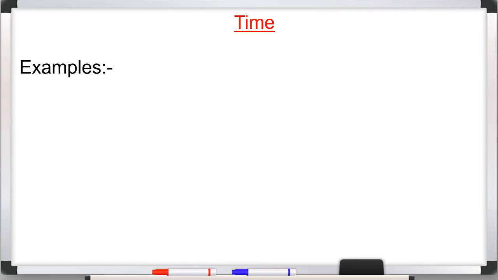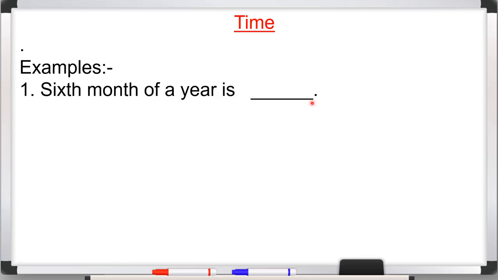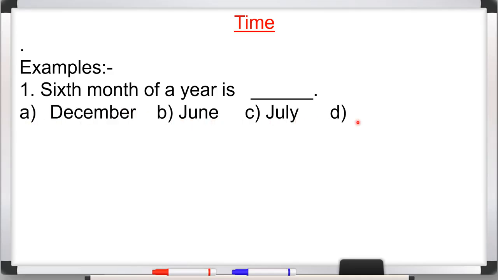Now we will learn its examples. In example number 1, it is given that sixth month of a year is dash. Here we have 4 options: A. December, B. June, C. July, and D. April. So how can we find out the sixth month of a year? First of all, open your 6 fingers because we want to know the sixth month.